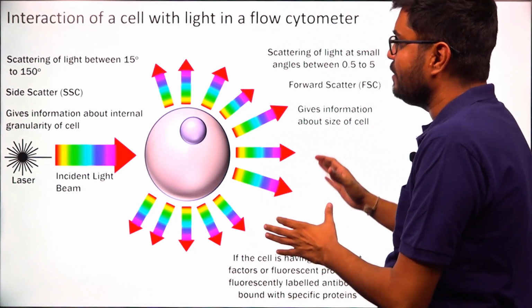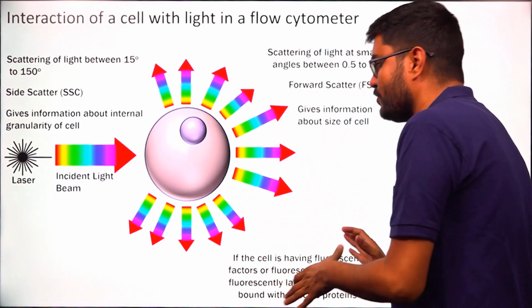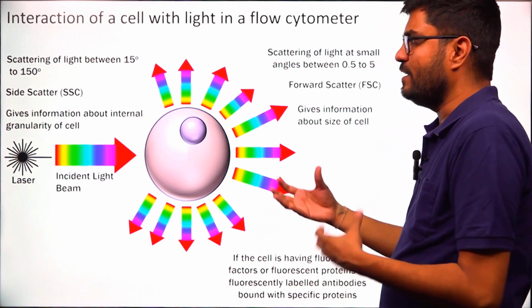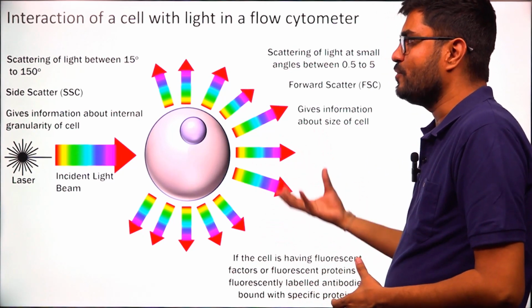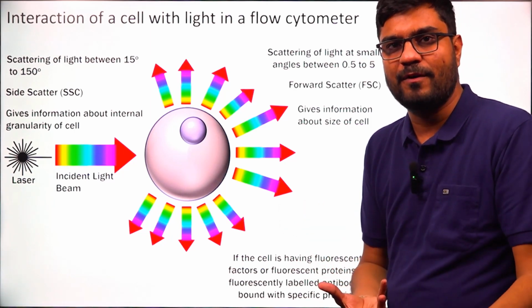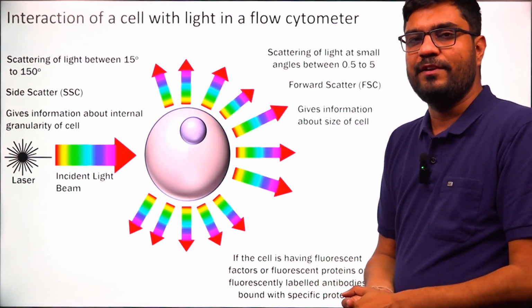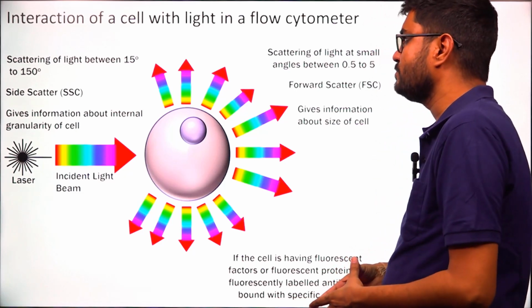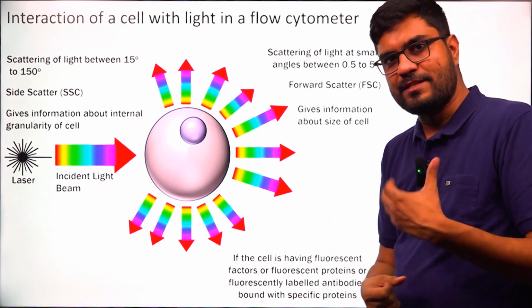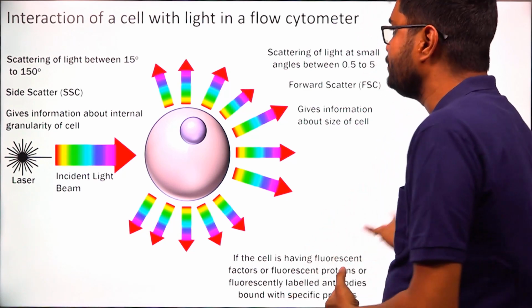Now we have understood that we can understand the size, granularity and fluorescence, and how the instrument is working. We can see how the flow cytometer is giving us information about the cell cycle, about how many cells are in G1, how many cells are in S, or how many cells are in G2.